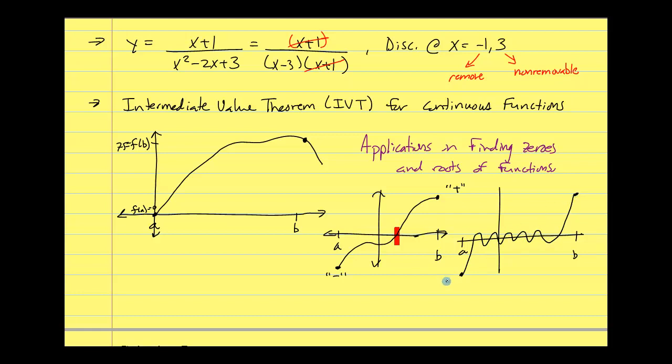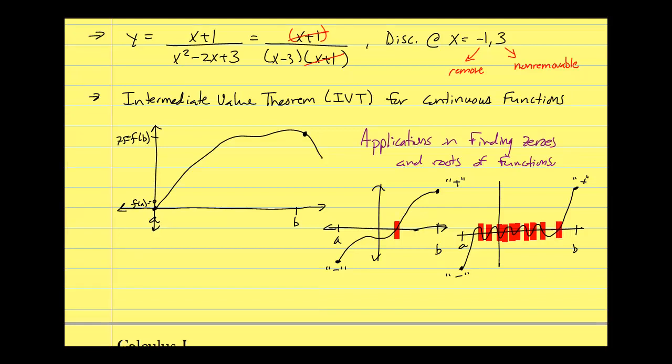Same thing, it starts negative, ends positive, but in this particular case, I have a lot of zeros. I have one here and here, here. I have too many of them. So the intermediate value theorem doesn't say how many zeros I have, it just guarantees the existence of at least one zero.